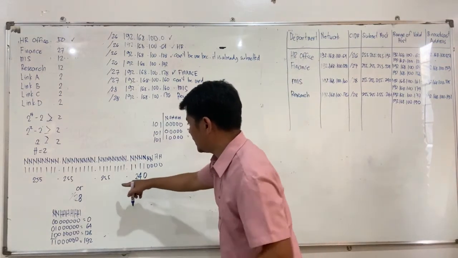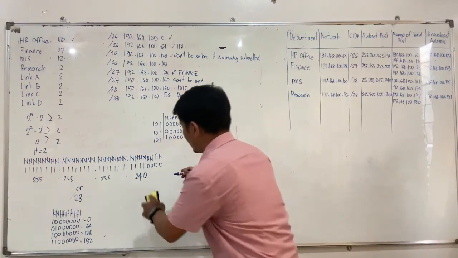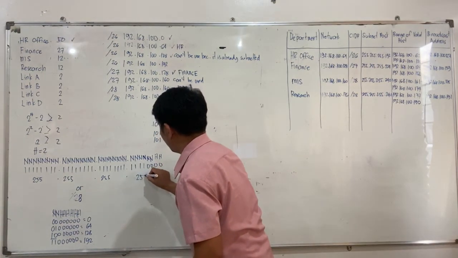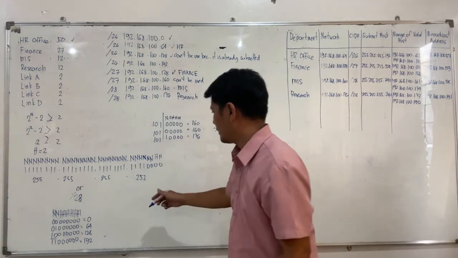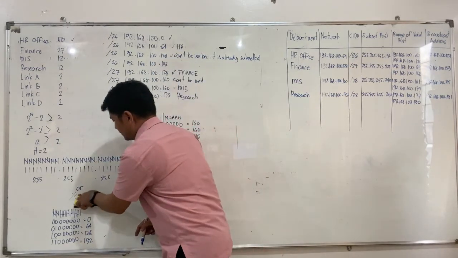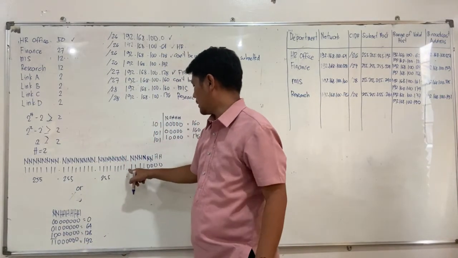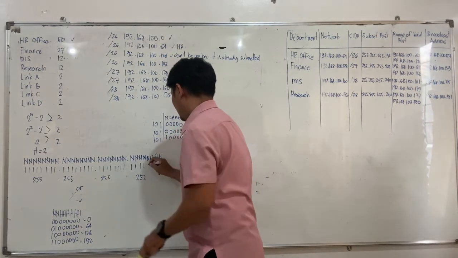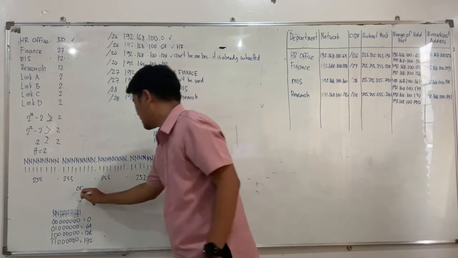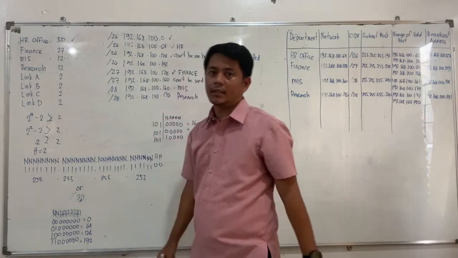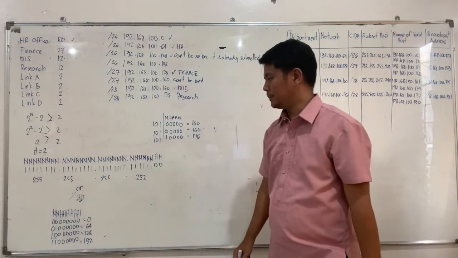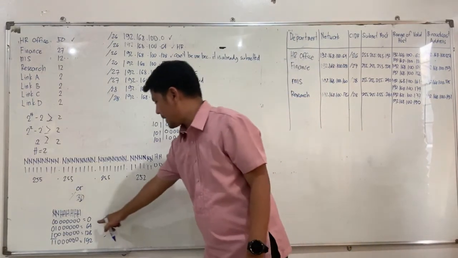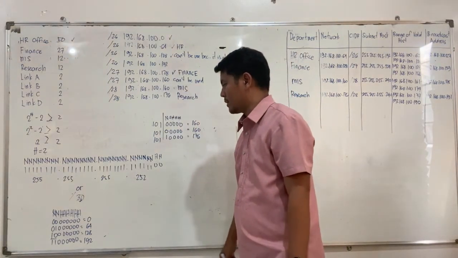Converting it into its decimal equivalent, or CIDR notation, we count 24, 25, 26, 27, 28, 29, 30, so it is /30. So we use the .0.